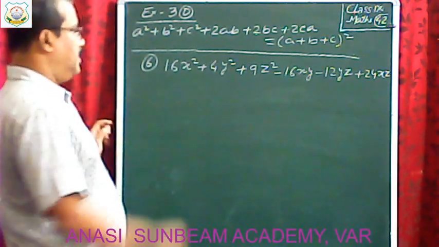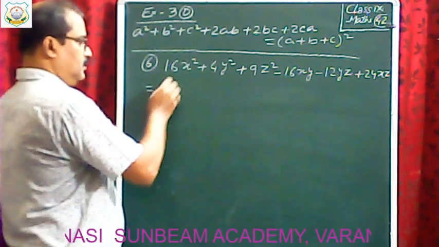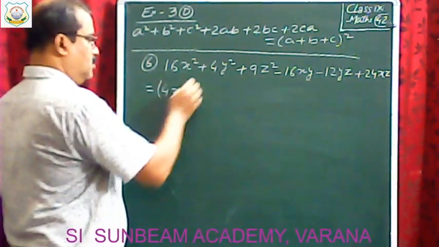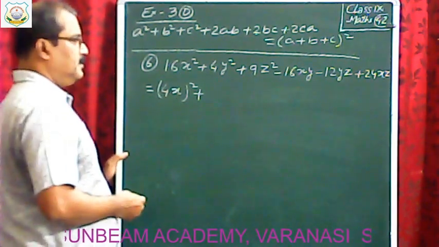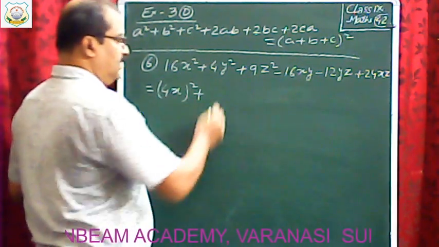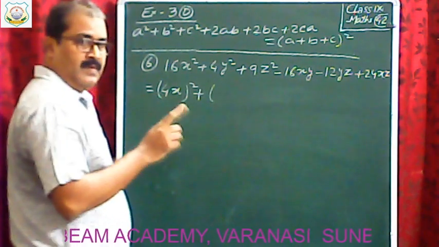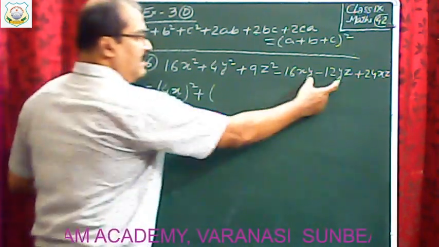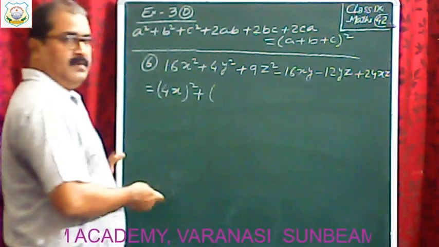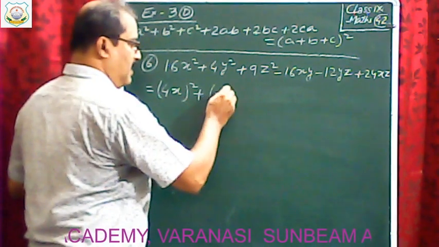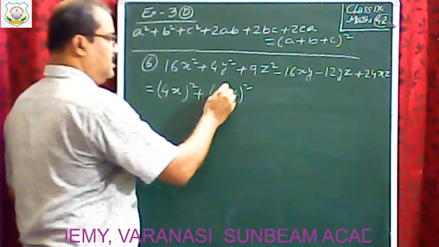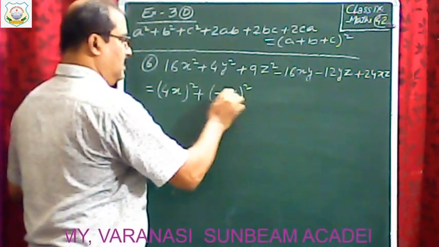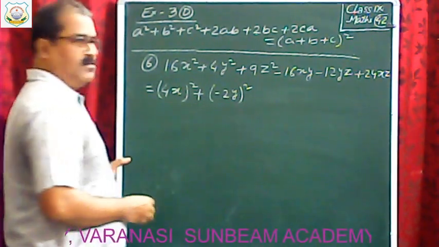So accordingly, we have to formulate 4x whole square. 16x square means 4x whole square. 4y square we have to write. Y is the negative term, we have identified from here. Y is the common literal, then y must be negative. So we have to write minus 2y whole square. Minus 2y whole square means again we get 4y square.